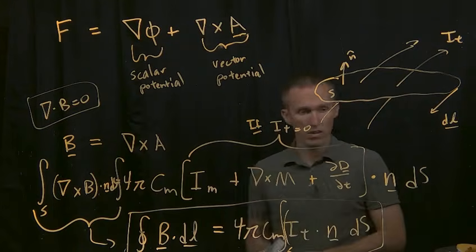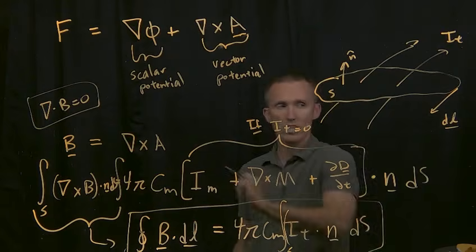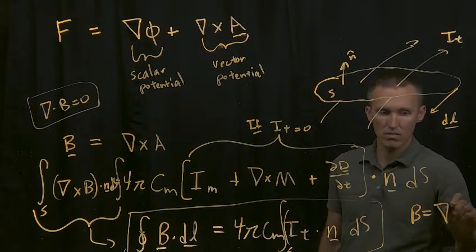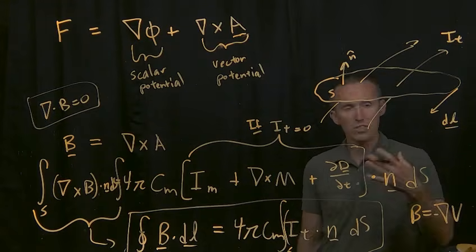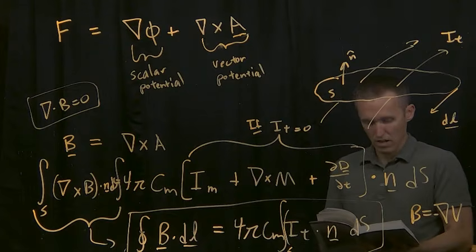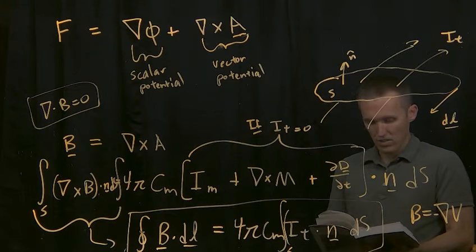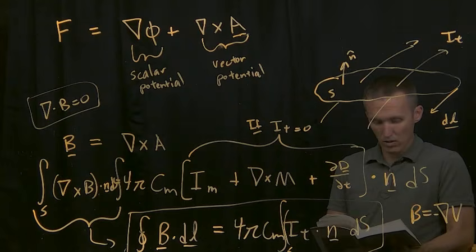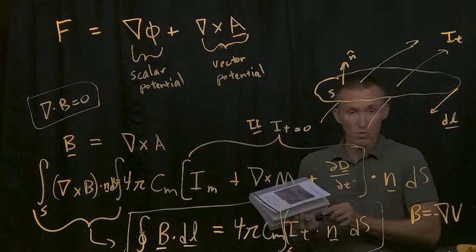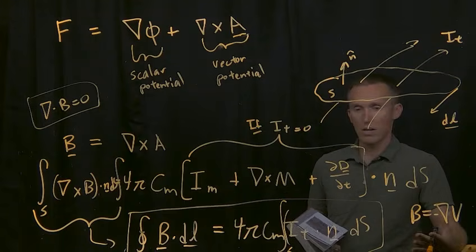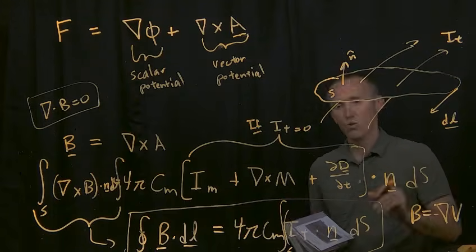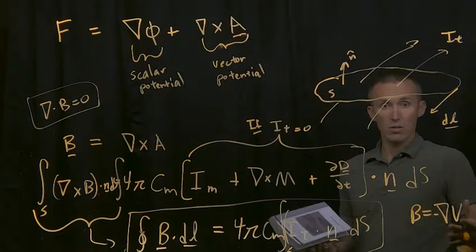Del cross B is going to equal 0, but B is going to equal just the negative gradient of some scalar magnetic potential V. And this is only valid outside of magnetic media and where line integrals encircle no currents. So again, that's going to be relevant for geophysical applications. It's not going to be as relevant if you're in an engineering context or something like that. So we'll talk more about the geophysical aspects of this as we go along in the next video.